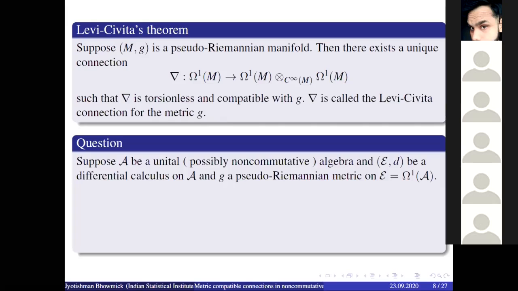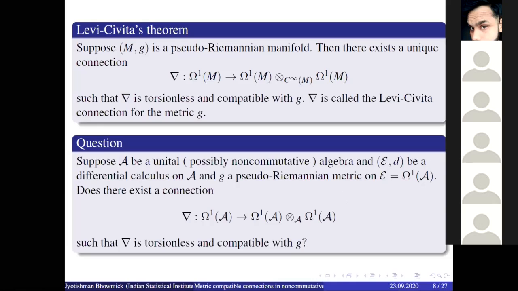So we are interested in non-commutative differential calculus over a possibly non-commutative algebra. Suppose I have a pseudo-Riemannian metric on the space of one forms. Then I can ask the same question: does there exist a connection which is torsionless as well as compatible? Then I need to make sense of both torsionless and compatible, right?